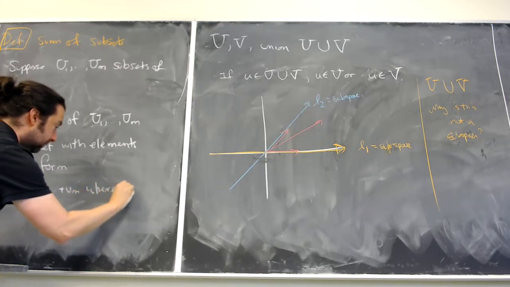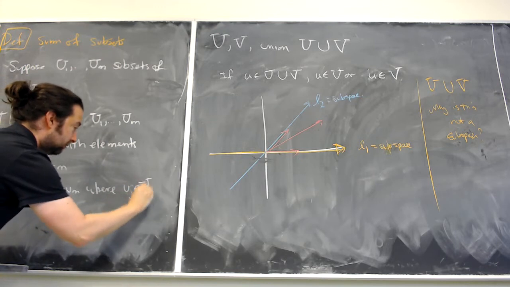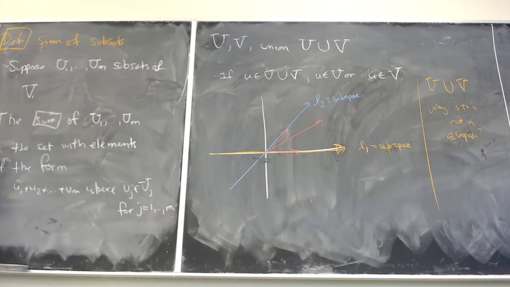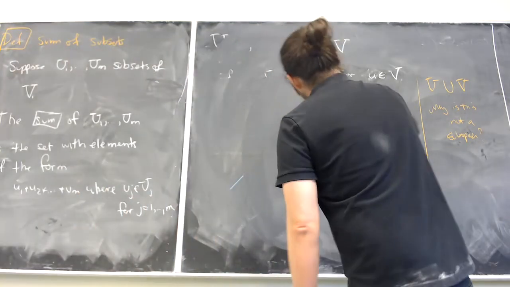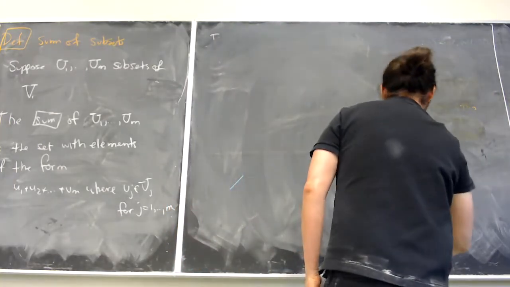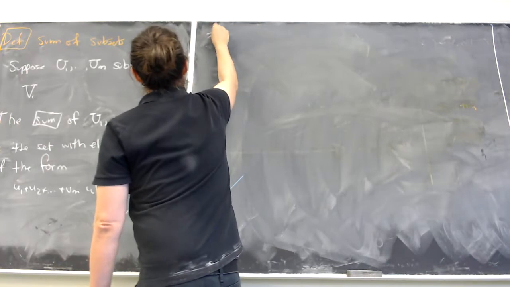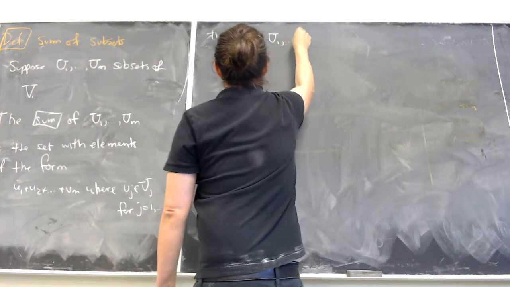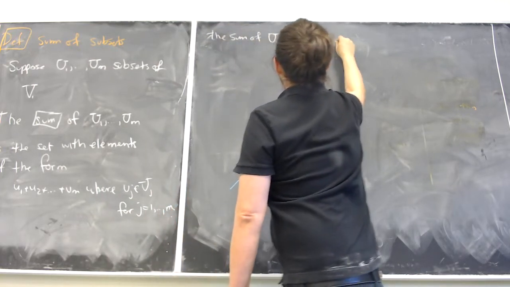Where Uj is in Uj, for j equal to 1 up to M. Pick one from this pile, one from that pile, one from this pile, one from that pile, and then just add them all together. And we denote such a set U1 plus dot dot dot plus UM.